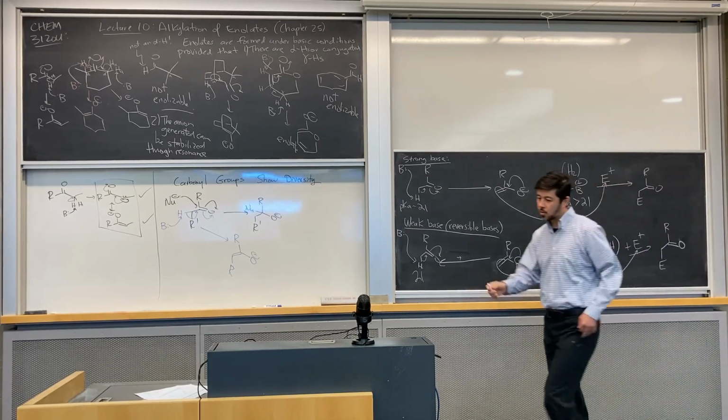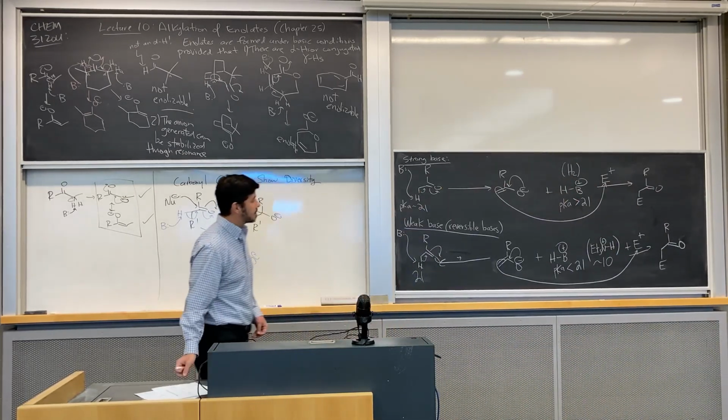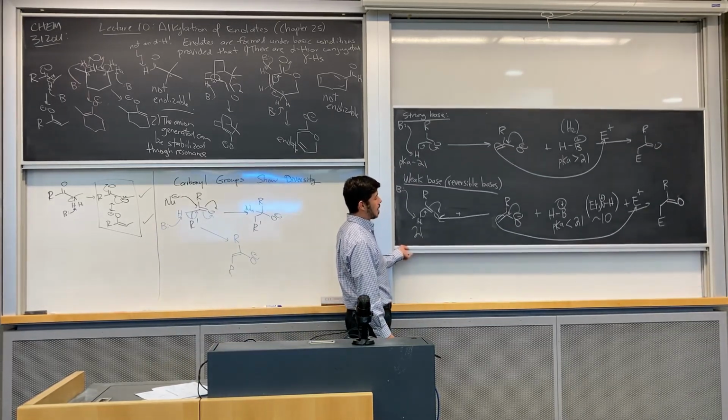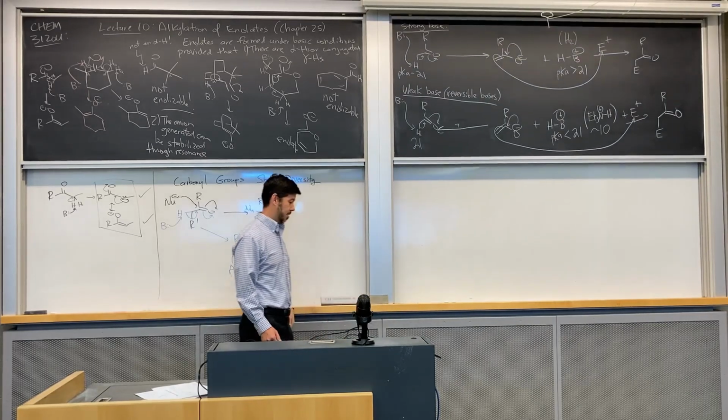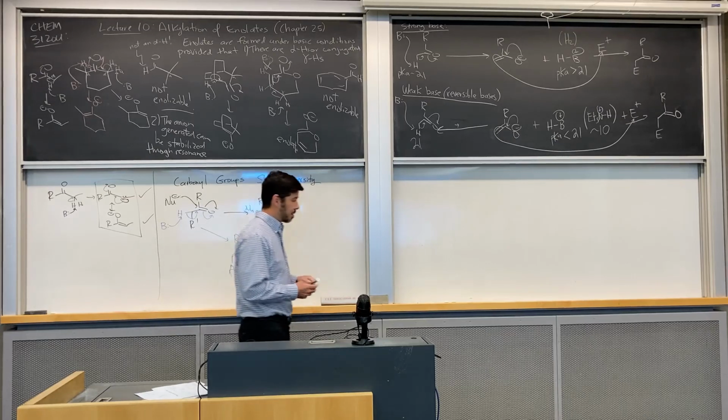Okay, so there is your structure. We can look at not only enolates like I've shown here, but I call them enolate lookalikes. So what are enolate lookalikes? Well, they look like enolates, but they're not really.